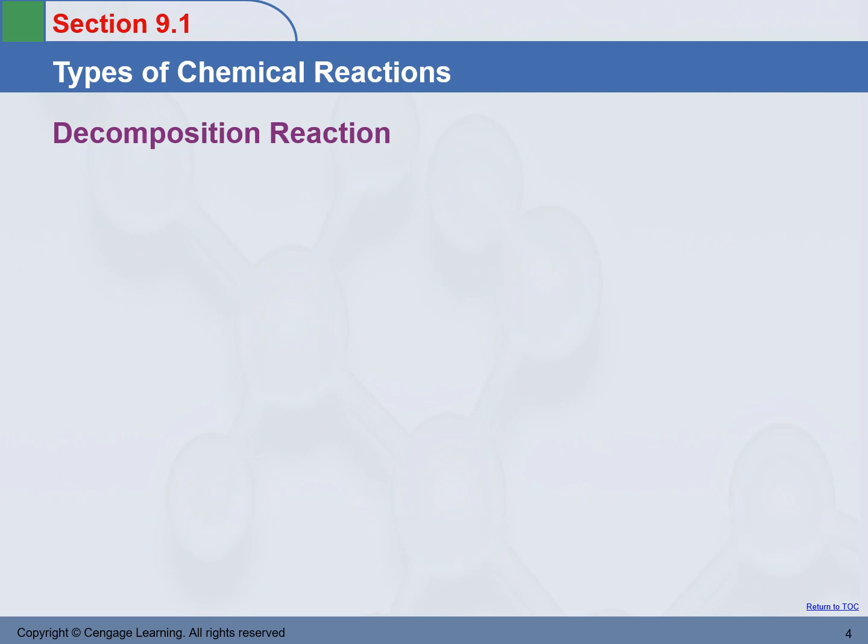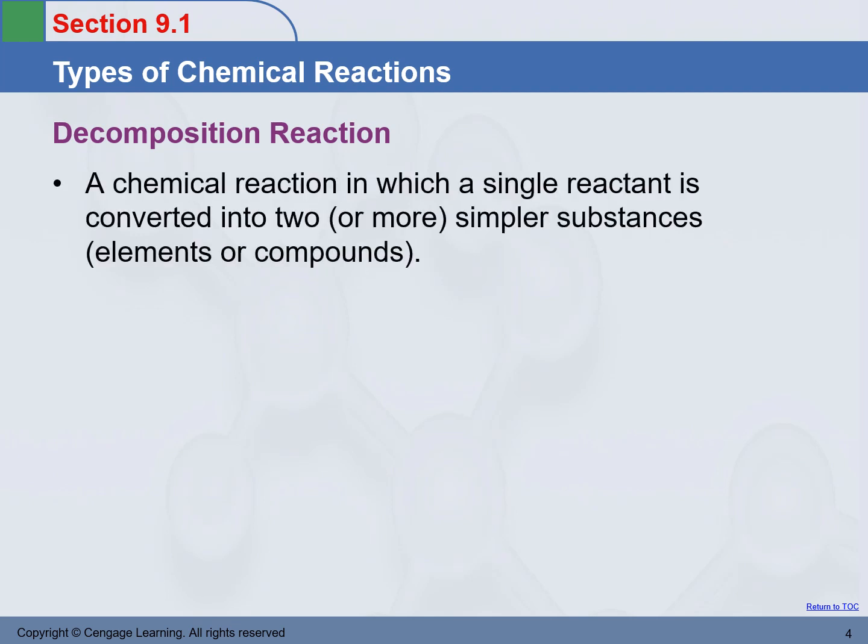Decomposition reaction. Decomposition reaction is kind of the opposite of combination reaction. A combination reaction is 2 or more reactants, one product. A decomposition reaction is one reactant, 2 or more products.